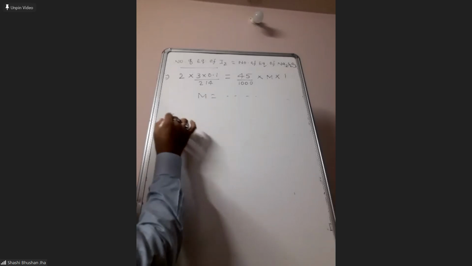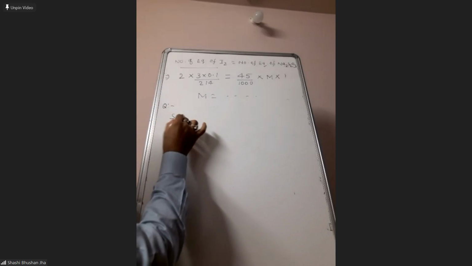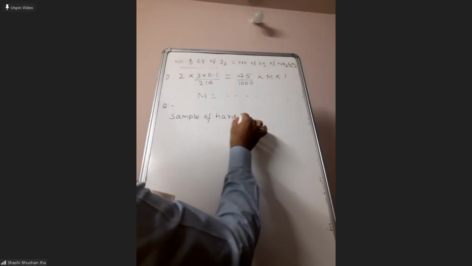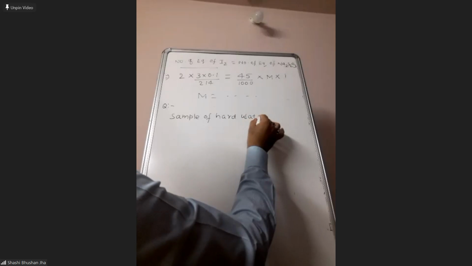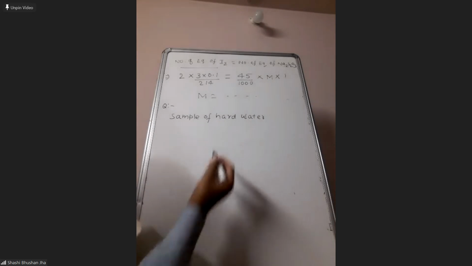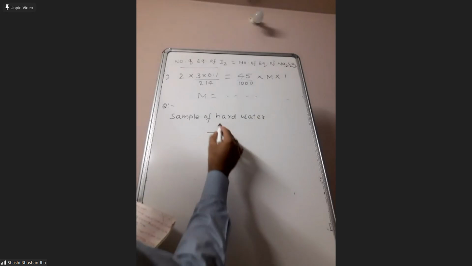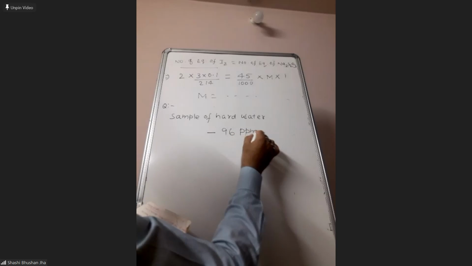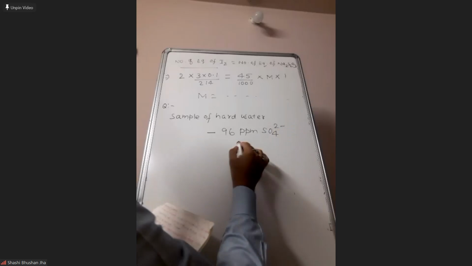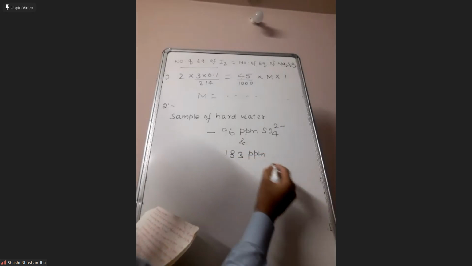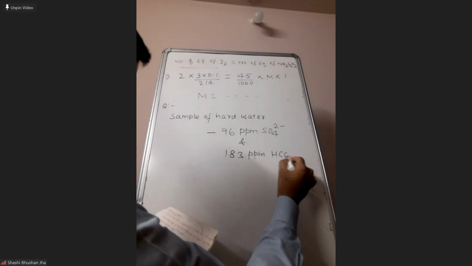A sample of hard water contains 96 ppm sulfate ion and 183 ppm bicarbonate ion.